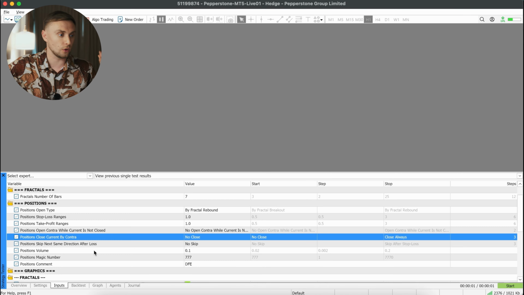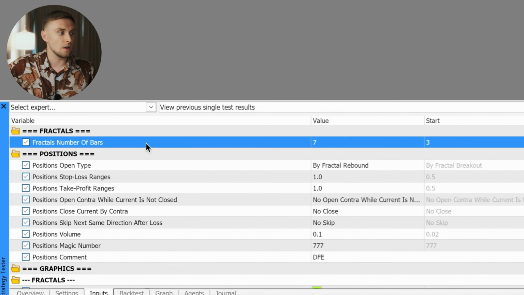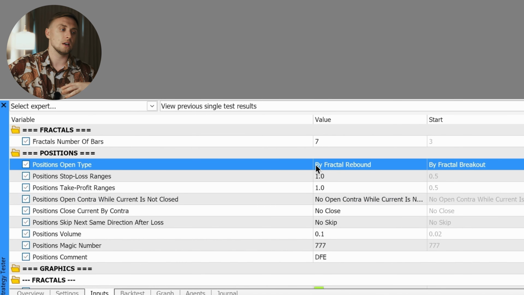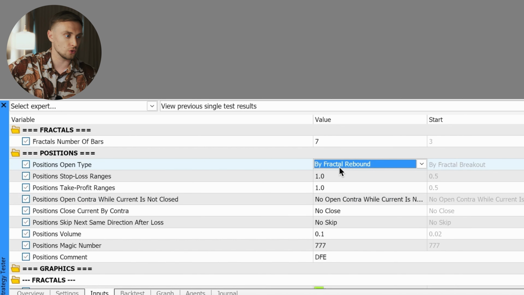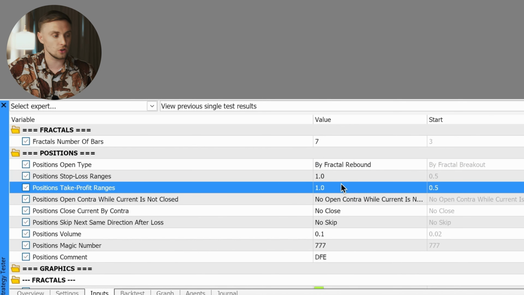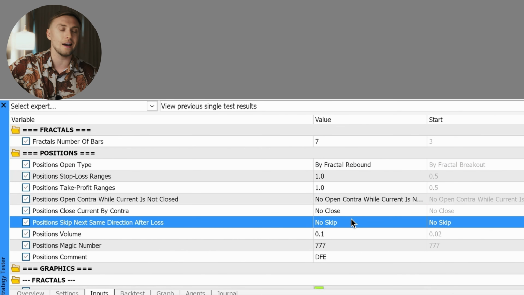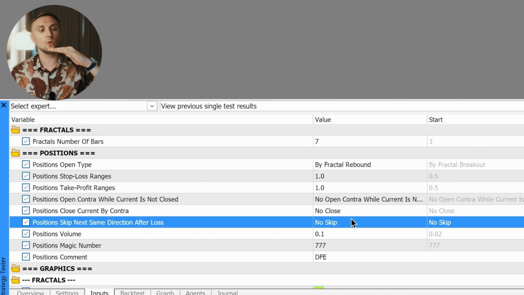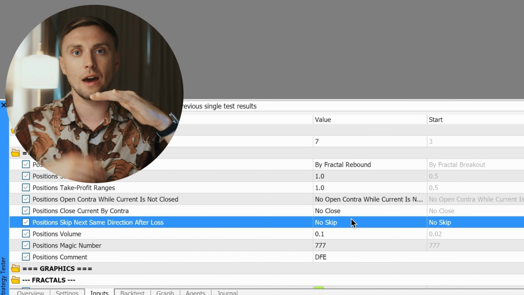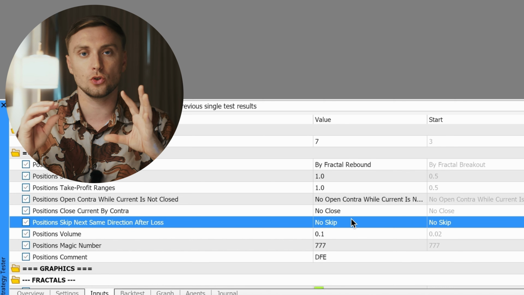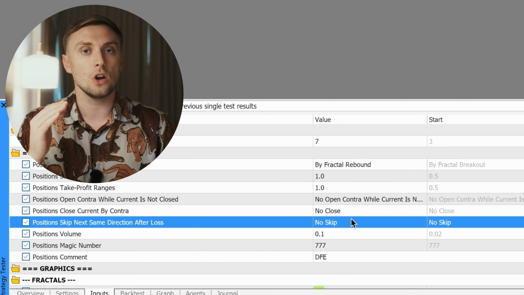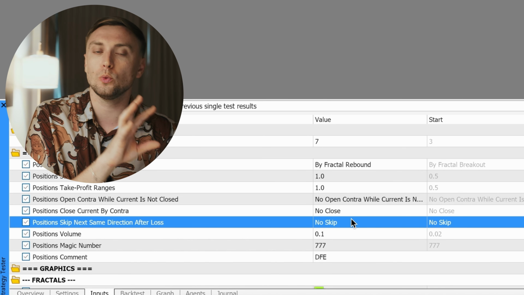If we go to the inputs, everything is the same: the fractal number of bars, fractal rebound or breakout which we can choose, and the same ranges of the stop loss and the take profit. I added some things to tune the strategy, especially for risk management. For example, when we are holding a position and we have a contra signal to open a position in another direction, should we close or hold it?